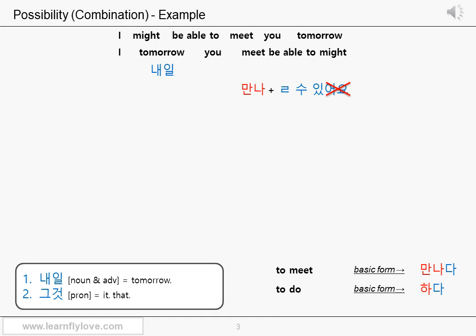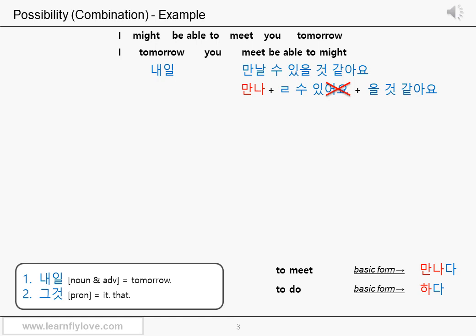Let's use 것 같아요 this time to express the possibility of this occasion. You add the 을 sound first because the previous block, 있, has a final consonant, and add 것 같아요 at the end. 만날 수 있을 것 같아요.